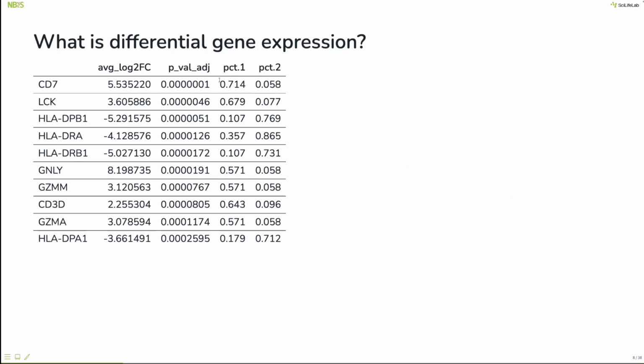Typically, it's just above 0, and they say percentage, but it's actually proportion. So in this case, 70% of the cells in one group express this, whereas only 6% in the other group. So in that way, you can see whether this is something that is very homogeneous for your group, or if it's more of a mixed population.